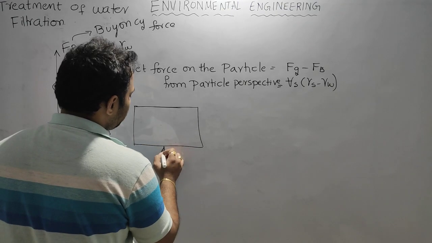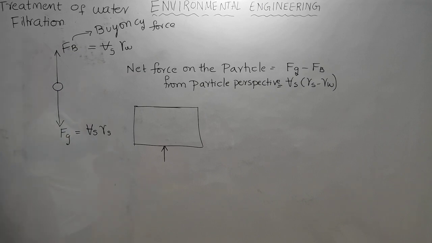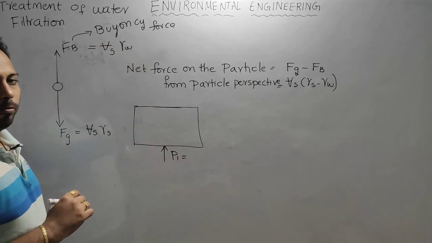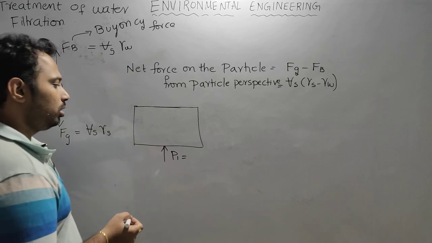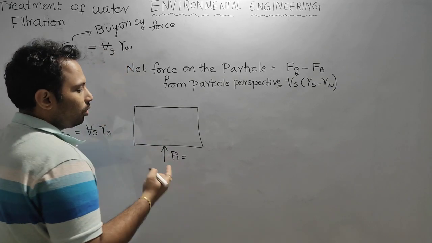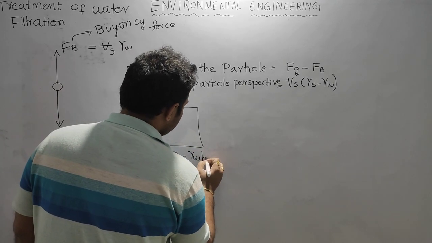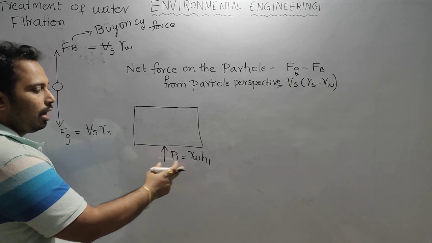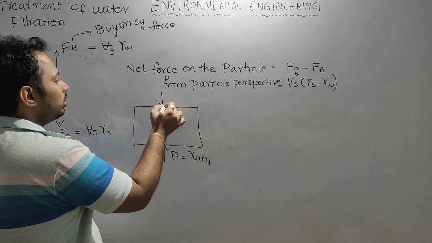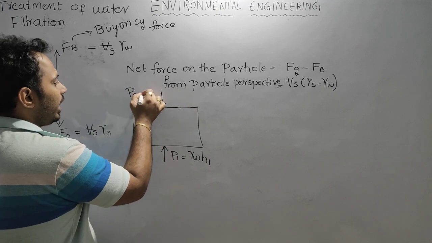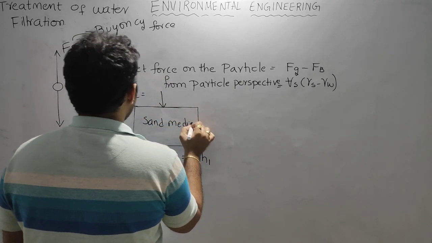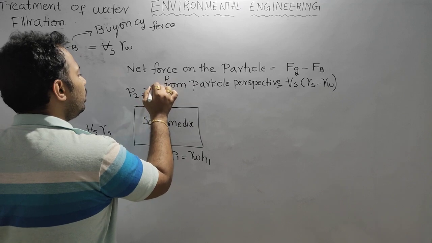Let us take the pressure generated on the filter media bed because of this backwashing as P1, and this P1 is caused by water. So P1 is nothing but gamma W into H1. Let us take P1 at the bottom of the sand bed as gamma W H1, and P2 at the exit point of the sand media, or filter media, is equal to gamma W into H2.